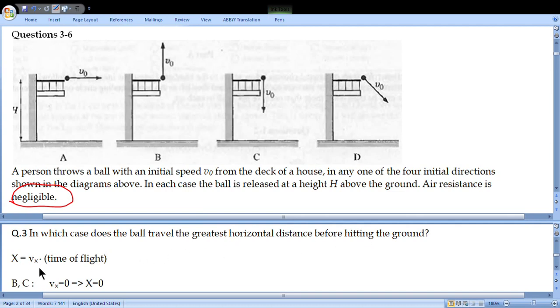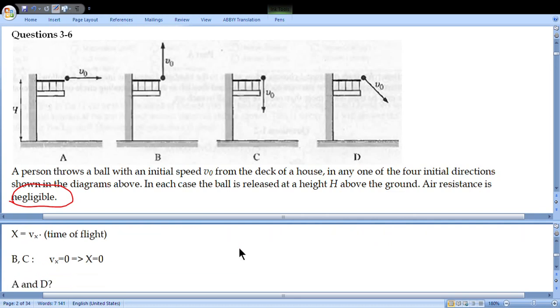Horizontal distance is traveled at constant speed. The formula for horizontal distance traveled, x, is the horizontal component of speed multiplied by time. So for cases B and C, the horizontal component is 0, so the distance traveled will be 0.